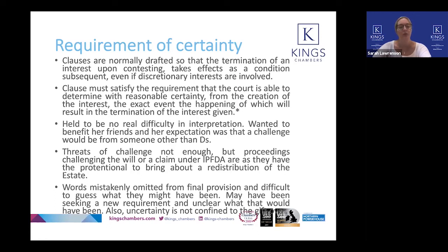And the concern was that it may have been simply clarifying what had gone on before, but it may have been trying to introduce a new requirement. And if it was a new requirement, it was unclear what that would have been.